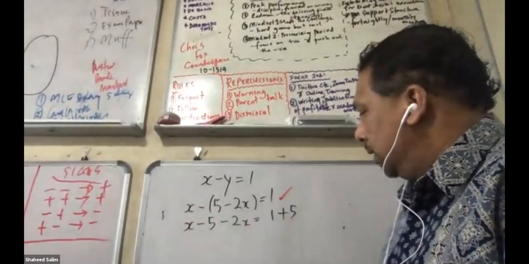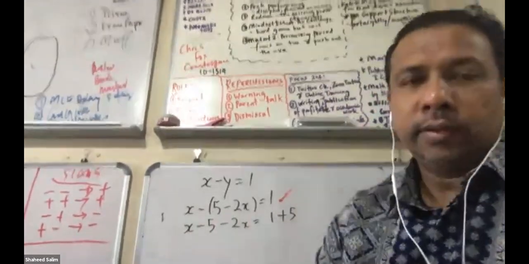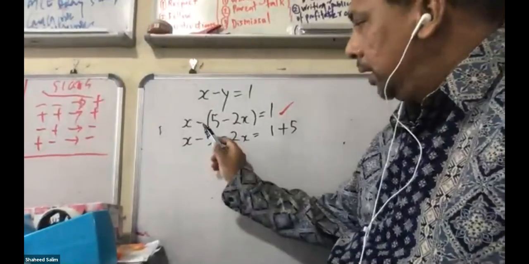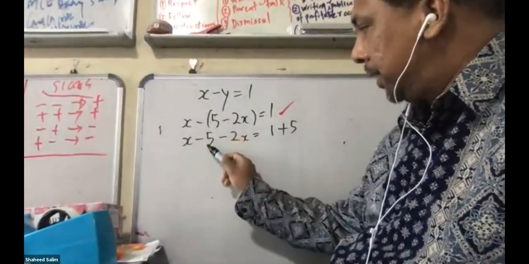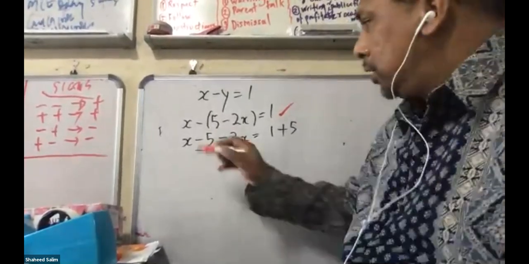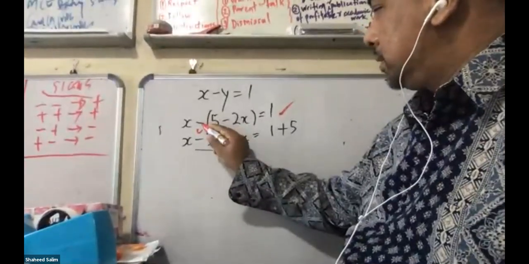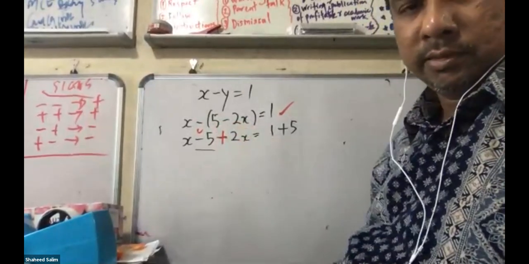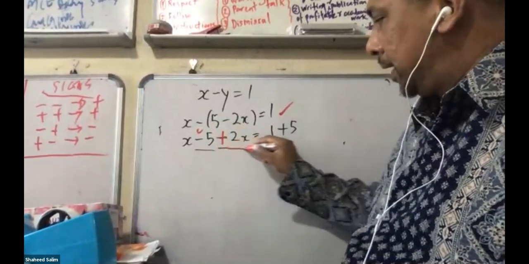Okay, hold on. Let us do one by one. First of all, your expansion is wrong. Remember, minus times plus is minus. This is correct. But the next one, minus times minus, is supposed to be plus. Come on, this one you cannot make a mistake, you already know.